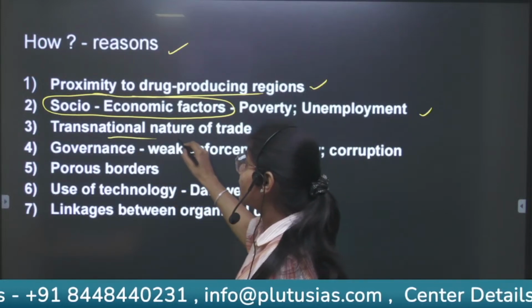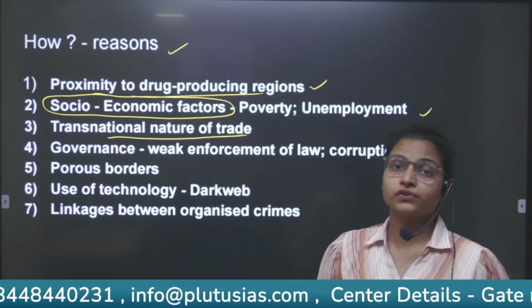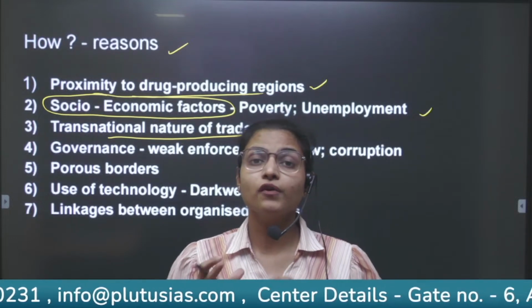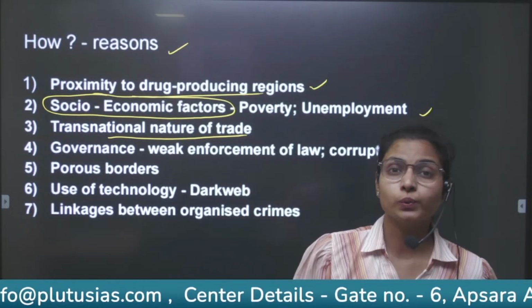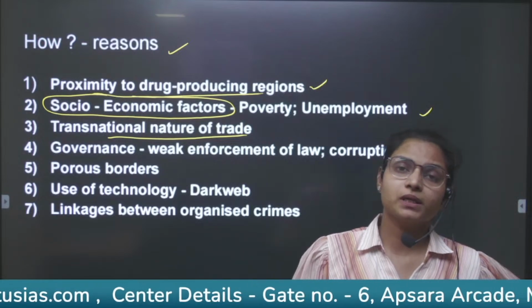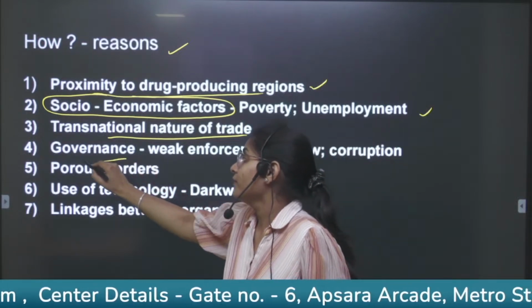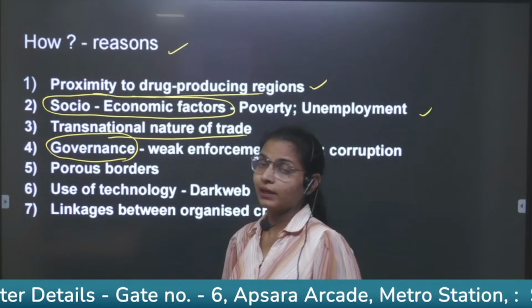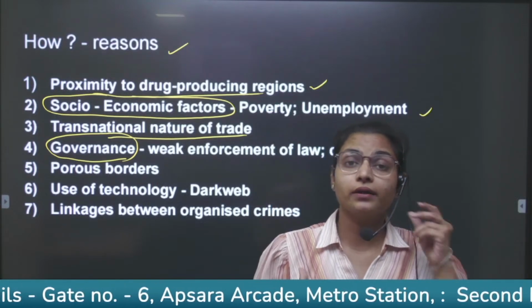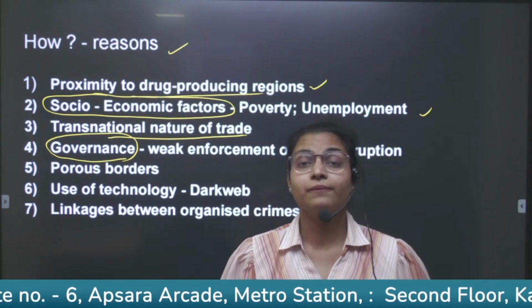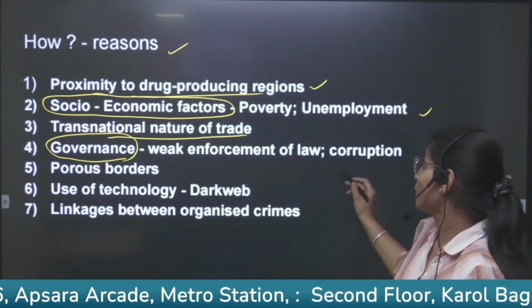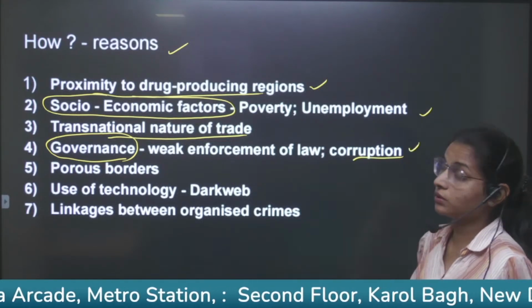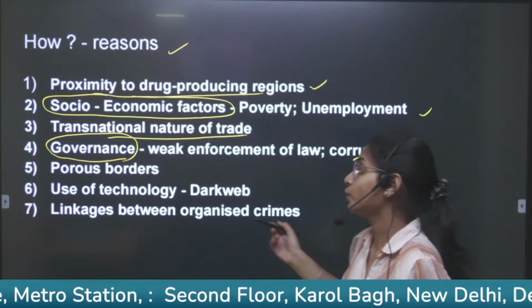And these have a transnational nature of trade, and now we have open and porous borders, due to which surveillance becomes difficult, and our governance system is also weak. Why are drugs able to enter the borders? Obviously there is weak enforcement of laws, and there is a problem of corruption. That is why it is able to continue.